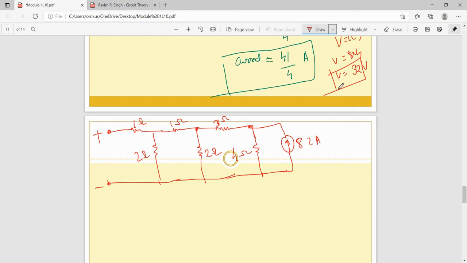You need to prove that this voltage is 32 volt. Now you are using this 82 ampere from this side, so you need to find the voltage across this 2 ohm branch at this end. So your value must be equal to this 32 volt. So that is your homework.